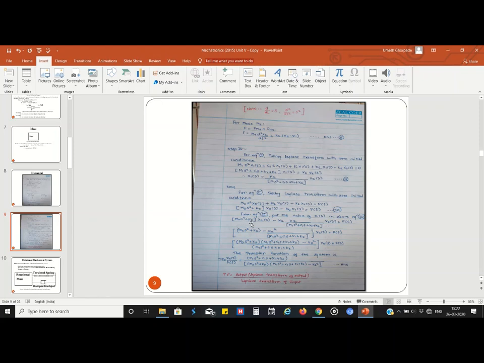Then a common term X2(s) we can take outside. So (m2 s square plus k2 minus k2 square divided by (m1 s square plus c1 s plus k1 plus k2)) X2(s) is equal to F(s).